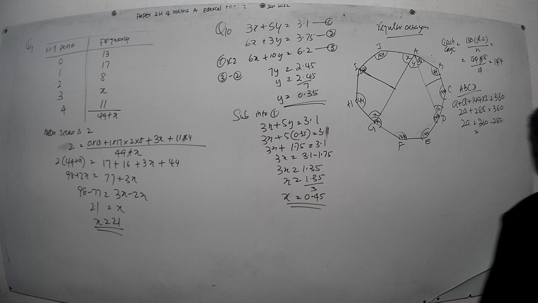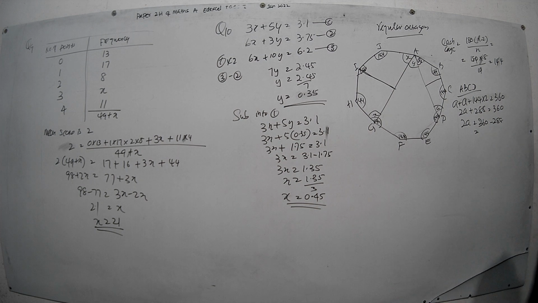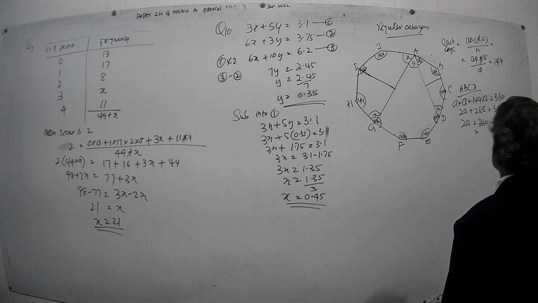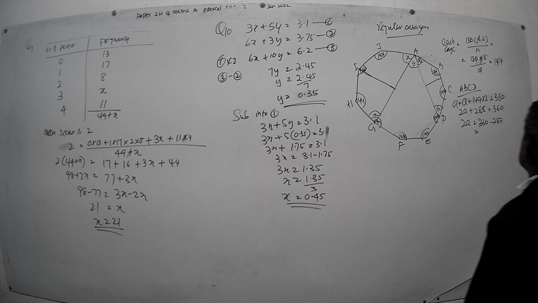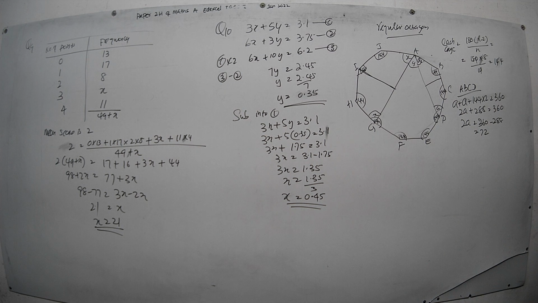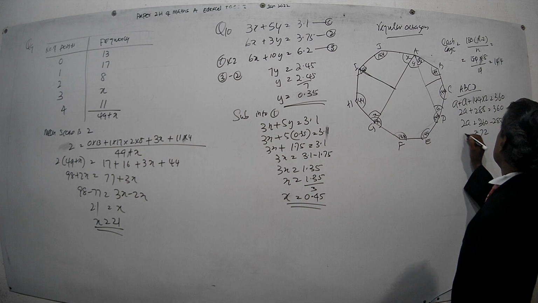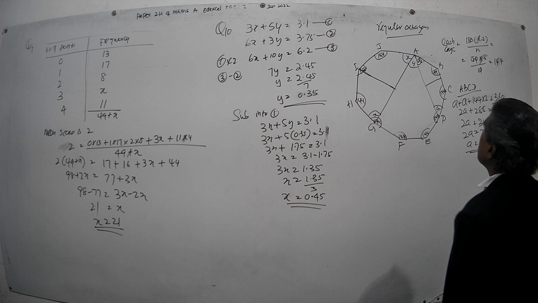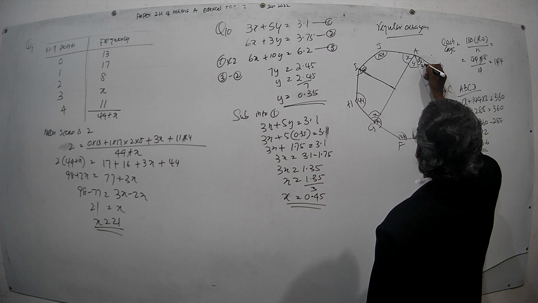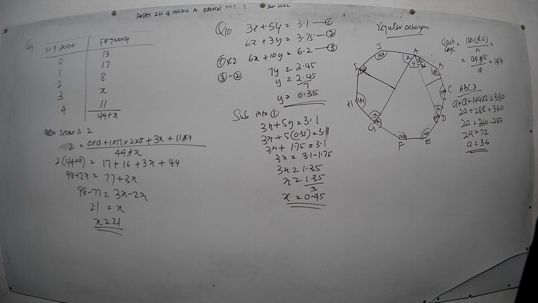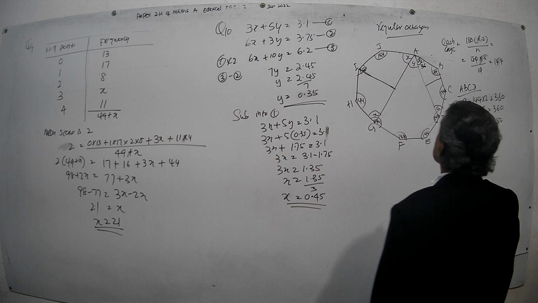Removing 288 from 360 gives 72. Then 2a equals 72, so a equals 36. That is 36. Okay.